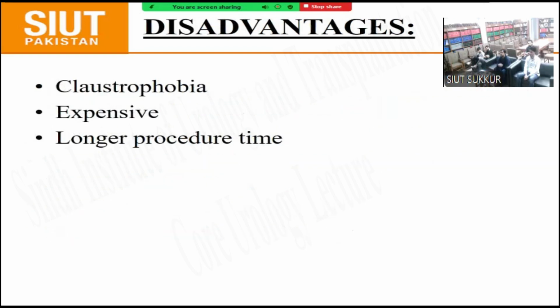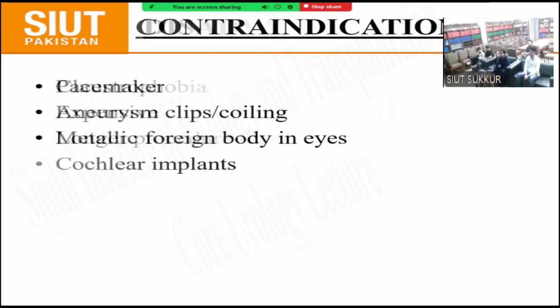A few disadvantages are claustrophobia, expense, and the longer procedure time required. Contraindications of MRI include pacemaker, aneurysm clips or coiling, metallic foreign body in the eyes, or cochlear implants.